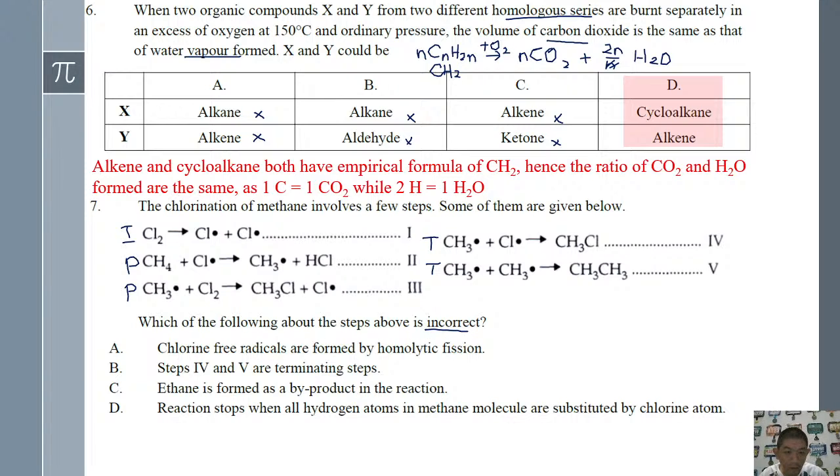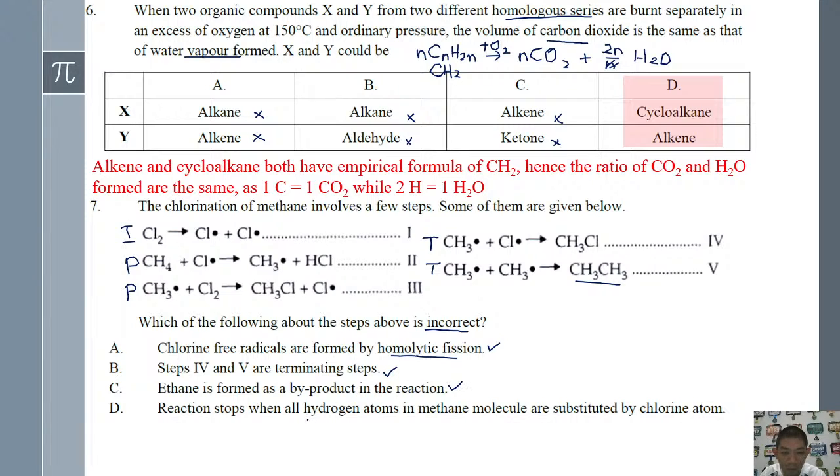Chlorine free radicals are formed by homolytic fission, which is actually correct because it ends up forming a radical. Steps 3 and 4, as we mentioned just now, are terminating steps, which is correct. Ethane is formed as a byproduct in this reaction, and you can see how ethane is formed, which is also correct.